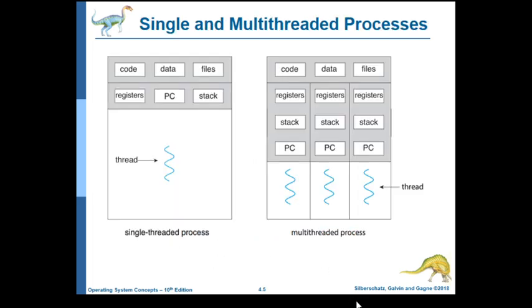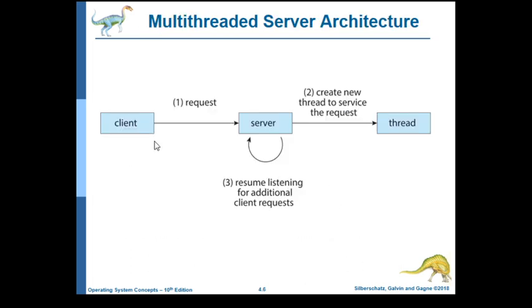Okay, we look at this figure. If the web server process is multi-threaded, when a client makes a request, rather than the server creating a new process, it will create a new thread to service the request, and it resumes listening for additional client requests.